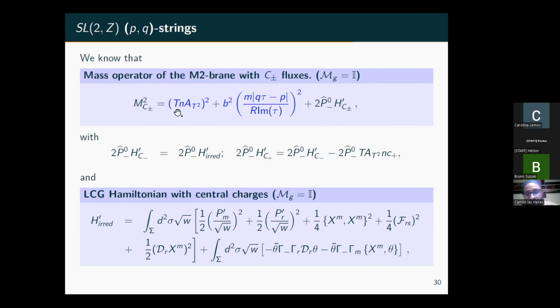And if you notice, these are the winding term and the Kaluza-Klein terms that Schwarz wrote in his paper. So the case that Schwarz considered is the non-trivial M2 branes that we are working with so far.